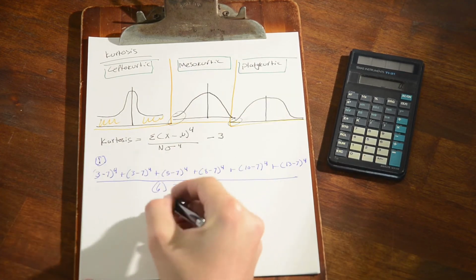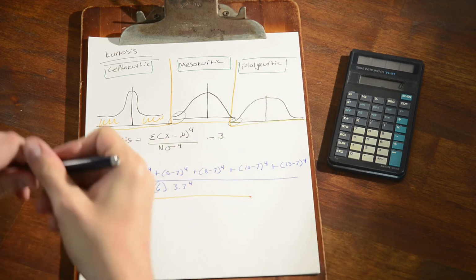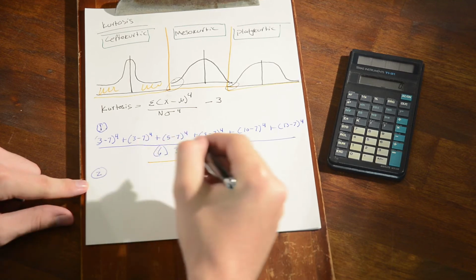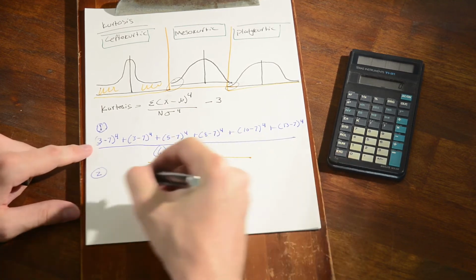Let's head on to step 2. Just like skewness, we're going to go ahead and take care of the inside of our parentheses.